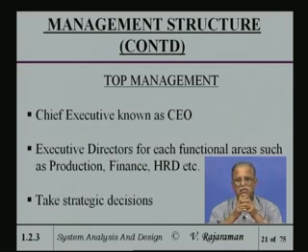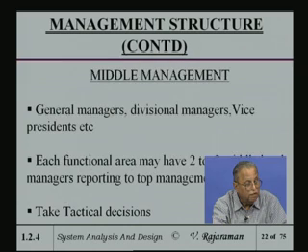So, these are the things which the board of directors does, and as I said, it has the chief executive and a number of both executive directors and non-official directors who come from outside.